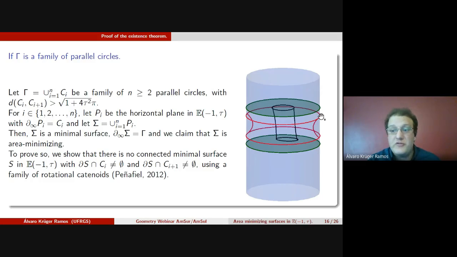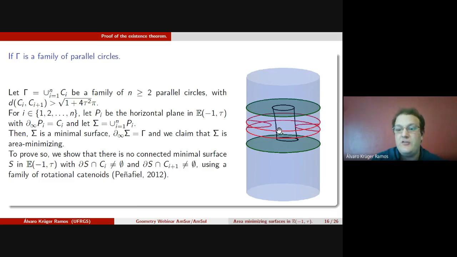And so you start very high, and they escape from the compact surface you are assuming exists, and now you start to make them closer together until you have a first point of contact, which is guaranteed by the fact that when the distance between these two circles goes to zero, they converge to a horizontal plane with multiplicity 2.